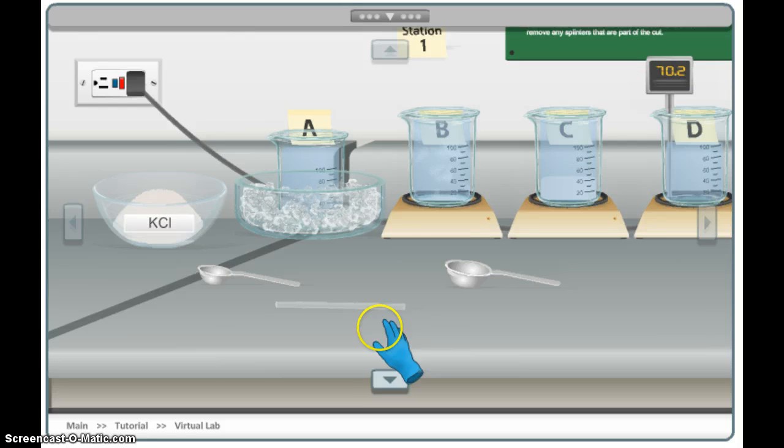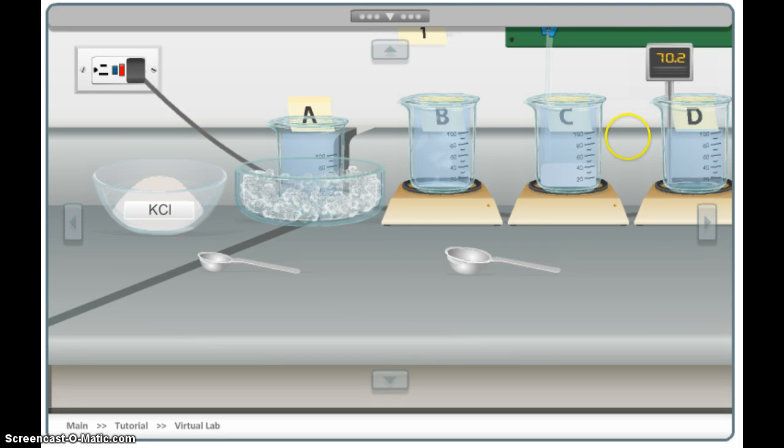So if I'm right and I stir this up, what's going to happen to all this KCl that's in there? Did it all dissolve? Yes. Is it saturated? No. All right, so I can put in scoop number 9.